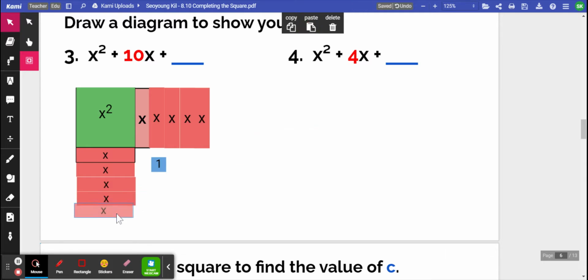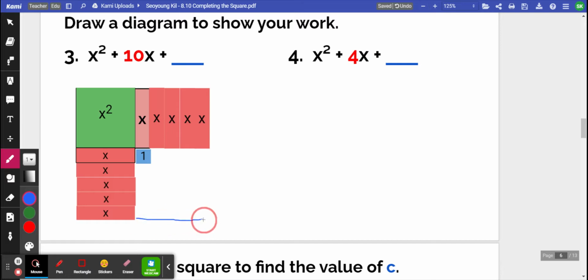Cool. So now I have a total of 10 x's. How many of these little ones do I need to complete the square? Well, we know this is 5 by 5, so 5 times 5 equals 25. So that's how many little ones I need to complete the square in number 3.